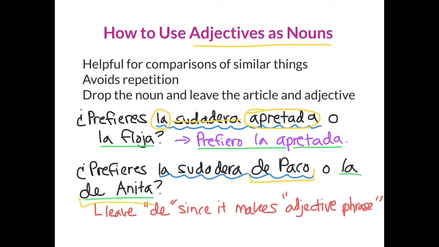So when we remove the noun, which is sudadera, we're left with la de Paco would be one reply, or la de Anita. So if you wanted to answer, you could say, prefiero la de Paco. If de is involved, it stays because it's part of the adjective. Remember, only the noun disappears.